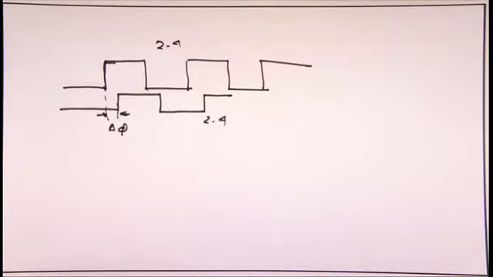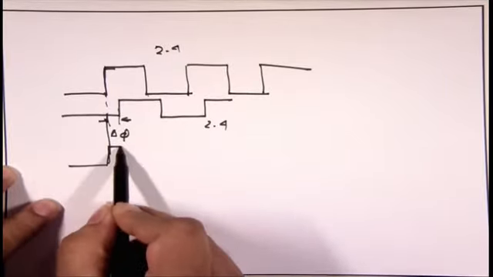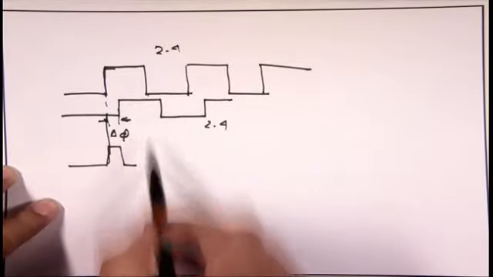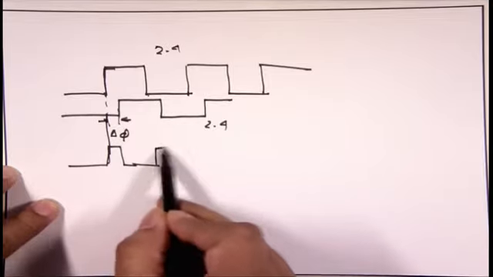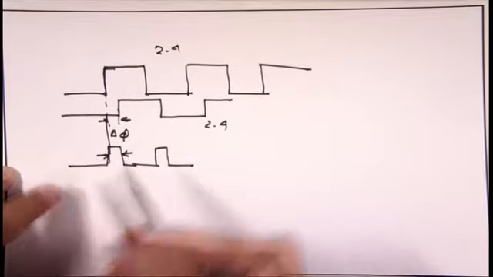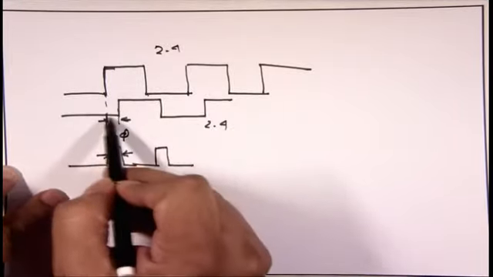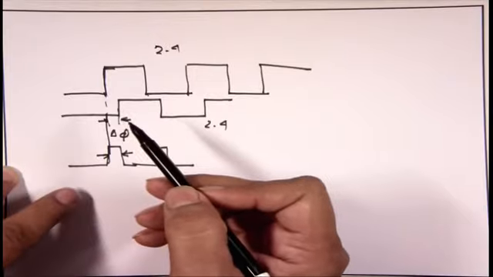Then look here, you have an exclusive OR gate, yes or no? That is, 1 0 is 1, 0 1 is 1, but 1 1 is 0. So this one you will get a pulse, and this one you will also get a pulse. That is, in one cycle you will get 2 pulses. So you can say that the pulse width gets modulated with the duration of the phase difference, yes or no?